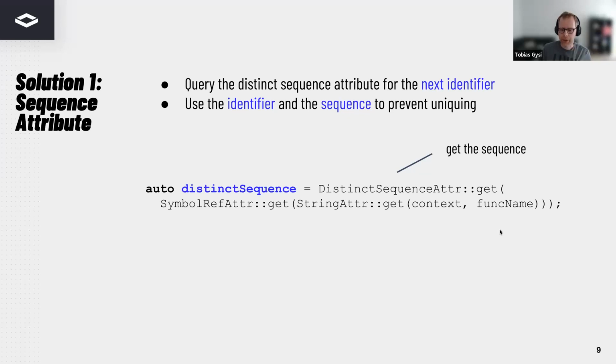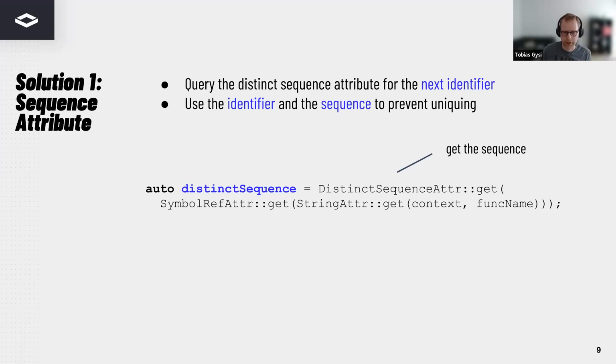This will create the attribute. It will go to the storage uniquer. And if the attribute is not yet there, it will create a new attribute which has the state set to 0. If the attribute is already in the uniquer, so if we have generated an ID before, we will get the attribute with the state set to the last value.